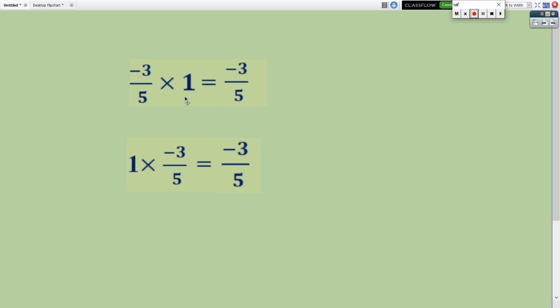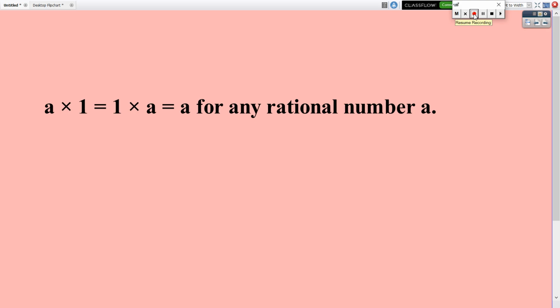That means if you multiply 1 into a rational number or a rational number into 1, you are getting the same rational number. So we can write negative 3 by 5 into 1, which is equal to 1 into negative 3 by 5, equal to negative 3 by 5. So we can write a into 1 is equal to 1 into a is equal to a for any rational number a.